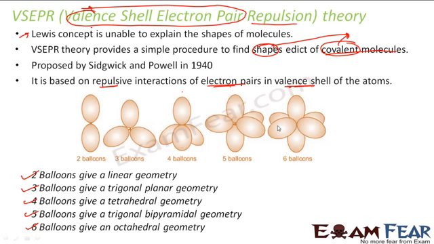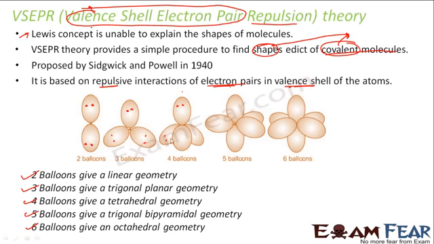The same thing applies here in this valence shell electron pair repulsion theory. Instead of balloons, we have orbitals which have two electrons like this. They try to repel each other the way the balloons repel each other, and they get this shape.